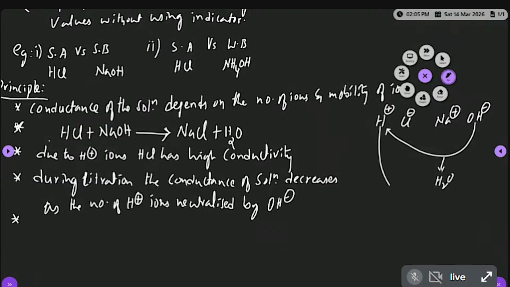The number of OH minus ions increases. If the number of OH minus ions increases, again the conductance will increase.